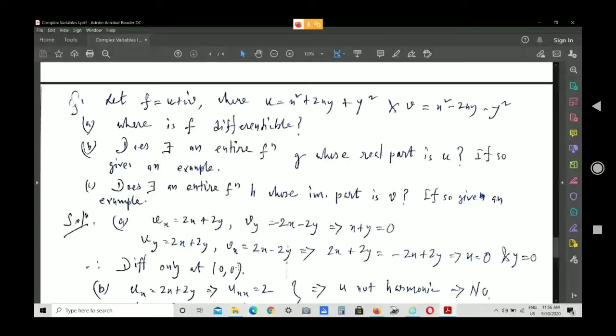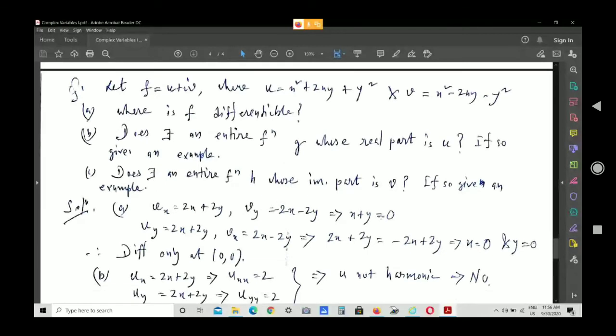So, differentiable at origin if Cauchy-Riemann equations are satisfied plus first partial derivatives are continuous. Here the first partial derivatives are all linear functions in x and y, and they are obviously continuous. That's why it is differentiable at this point.